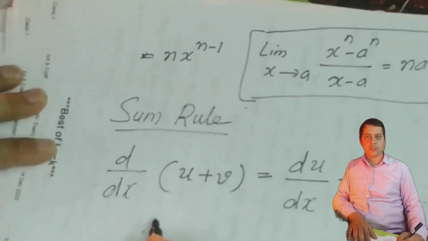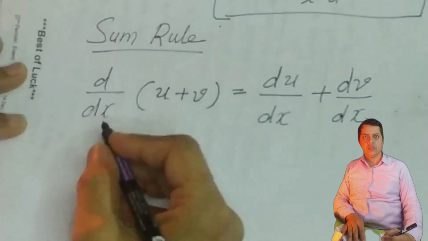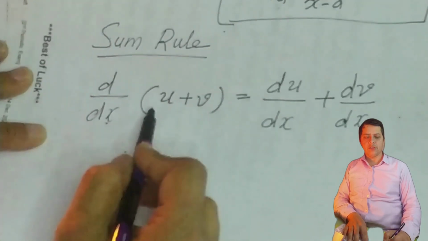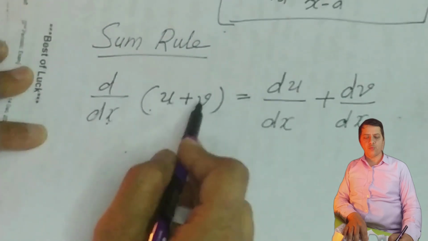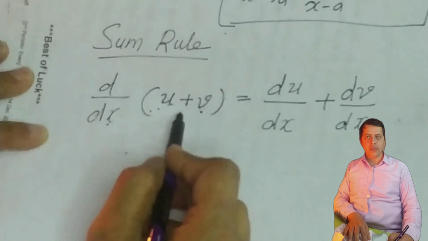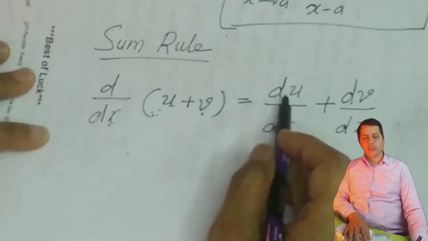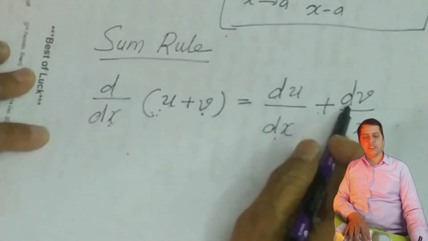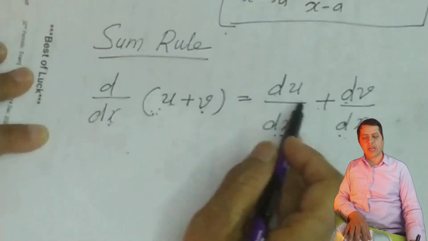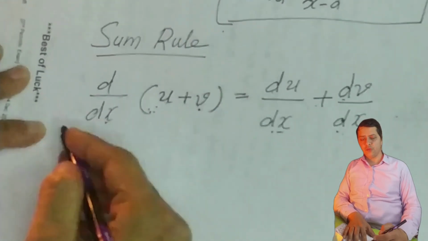So this is called sum rule. I hope I am clear, my friends. Sum rule, d by dx into v plus u or u plus v, anything is okay. Then it will be du by dx plus dv by dx. So dx two times we can write for both of them by adding. So that's called sum rule.